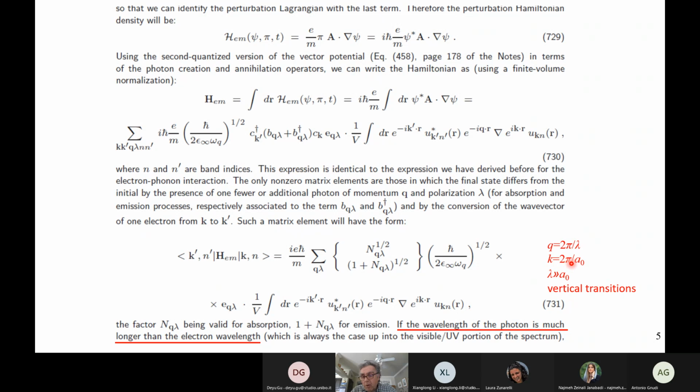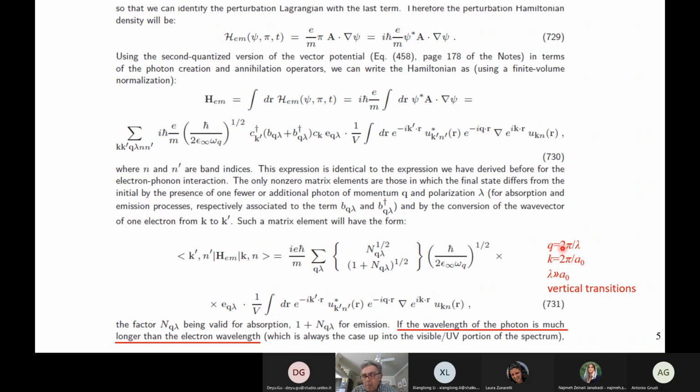In the range of wavelength that we're interested in here, so excluding X-rays and gamma rays, in the near visible range, the wavelength of the photons will be much larger. We're talking about microns compared to tens of nanometers, which is the lattice constant.